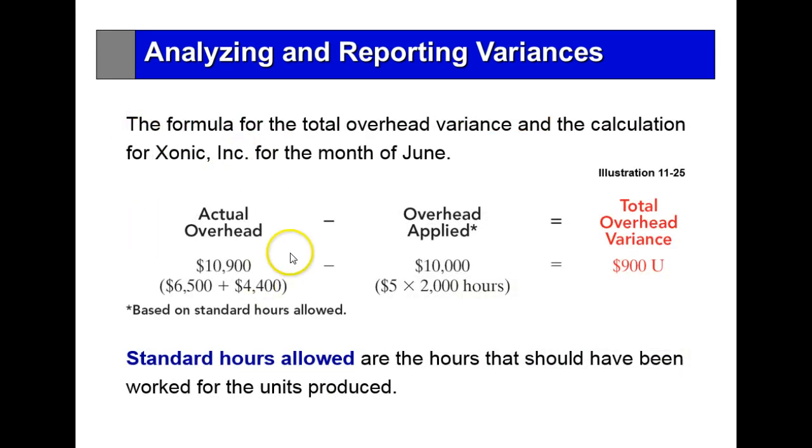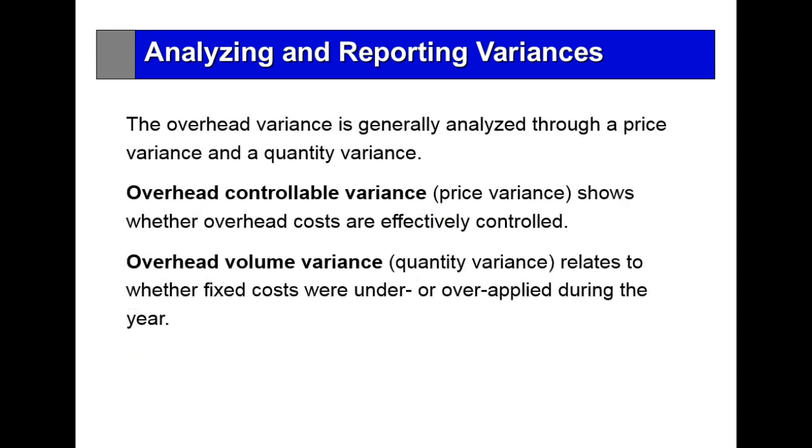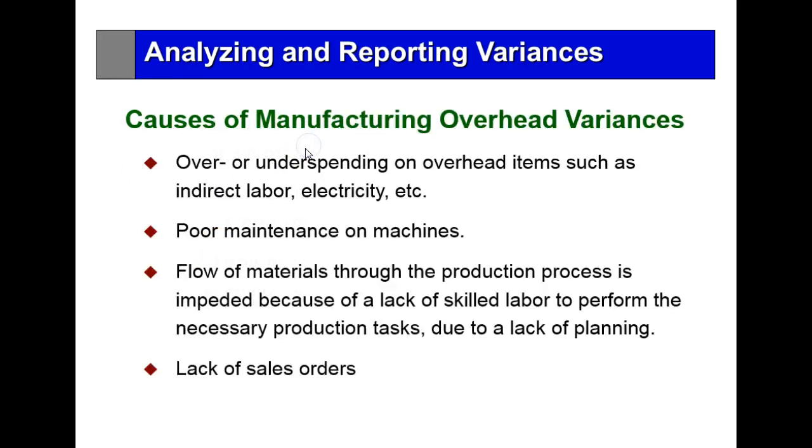So we take our actual overhead and the overhead that's been applied to come up with our variance. Again, actual times actual minus standard times standard. The standard hours allowed are the hours that should have been worked for the units produced, not the hours actually worked. The overhead variance is analyzed through price variance and quantity variance, just like we're doing. We've got two components, quantity and price, in determining the whole overhead variance.